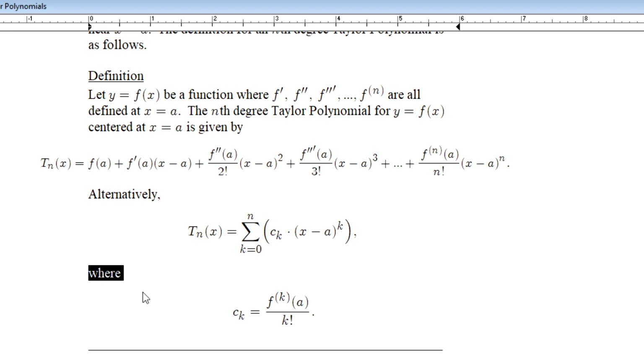Where this constant with respect to k, this c sub k, is a coefficient, c standing for the coefficient of k, given by this factor here. It is f's kth derivative at a, all divided by k factorial.